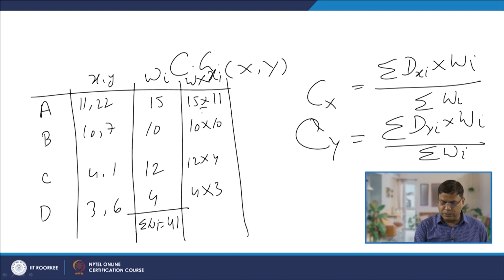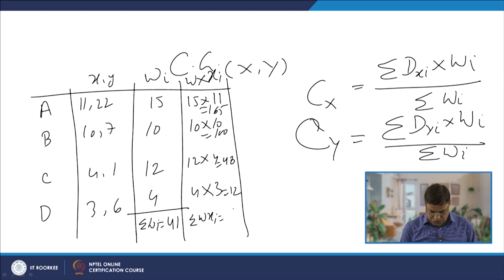That is how it is 165, 100, 48 and 12. So, the sum of all W x i will be equal to say 325.